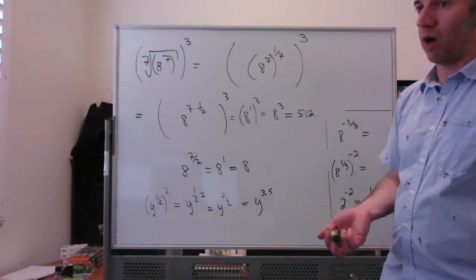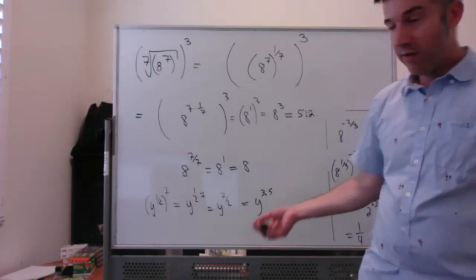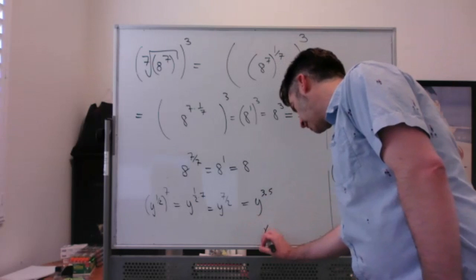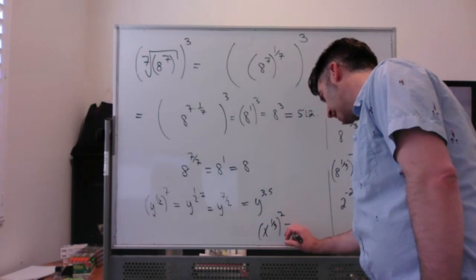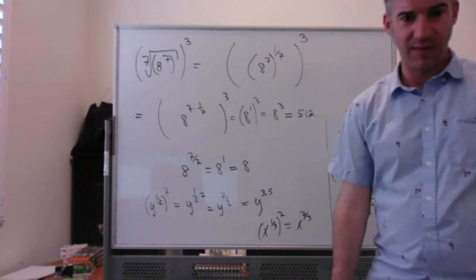The issue I will point out is that sometimes your denominator doesn't divide nicely. For example, if instead you had x to the 1/3 to the 7th, which is x to the 7/3, there's no nice way of writing that with a decimal, right?